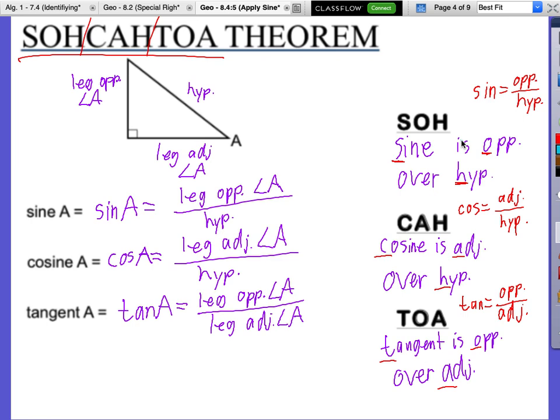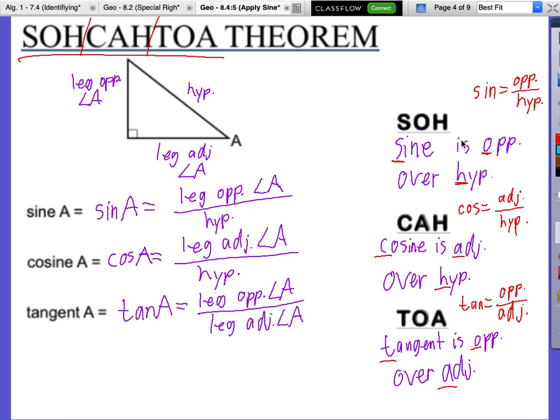So for the cosine, for the leg adjacent to A, it would be 85. Is 85 a leg?